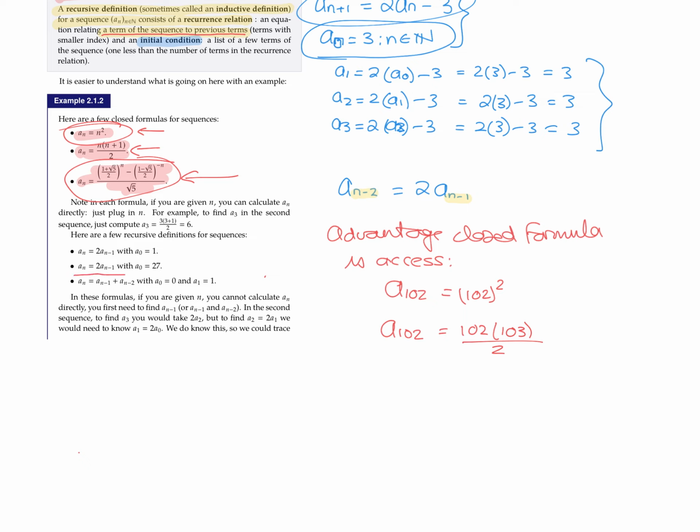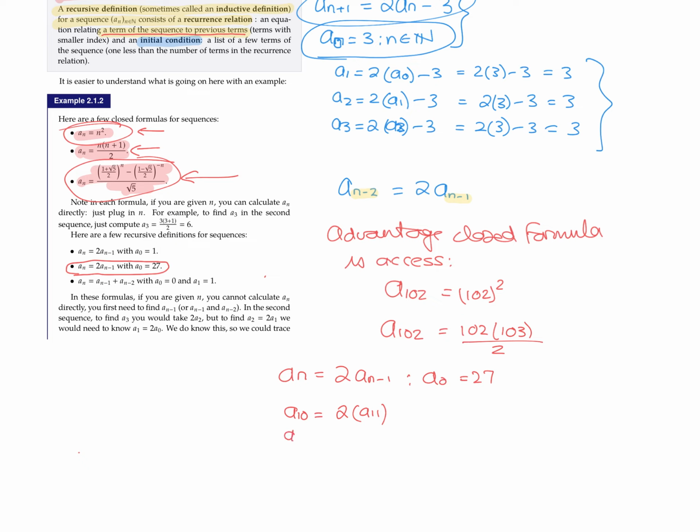Whereas if I have, let's look at this, A_n is equal to 2 times A_(n-1), and A_0 is given as 27. So they've given us the initial condition. If I want to find A10, I must get A11.